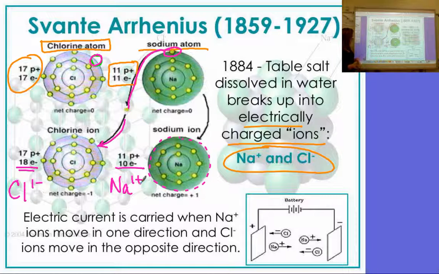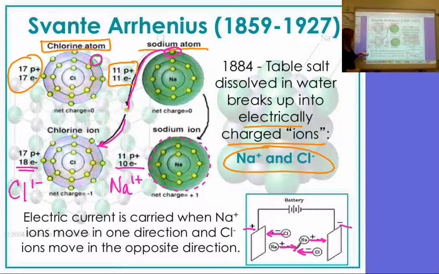So when there's some kind of electric current, such as a battery, you have a positive end of a battery and you have a negative end of the battery. All the negatively charged things, all the chlorines in this case, are going to be attracted to this positive end, and all the positives, the sodiums in this case, will be attracted to the negative end. That's how we have this movement. That's how water conducts electricity.